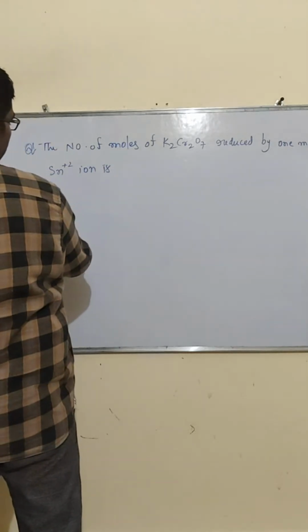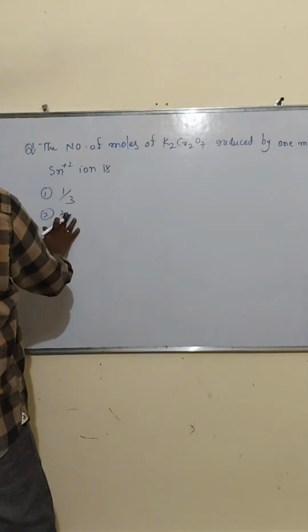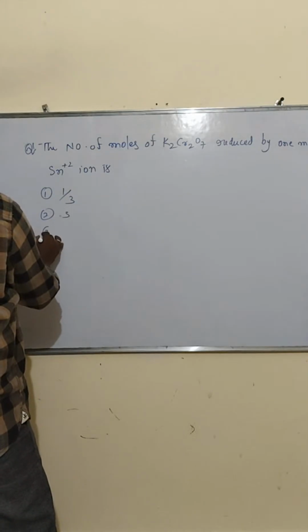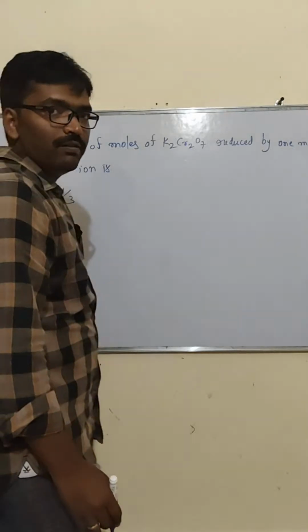This is the question. Options are mentioned: option 1 is 1 by 3, option 2 is 3, option 3 is 1 by 6, option 4 is 6.